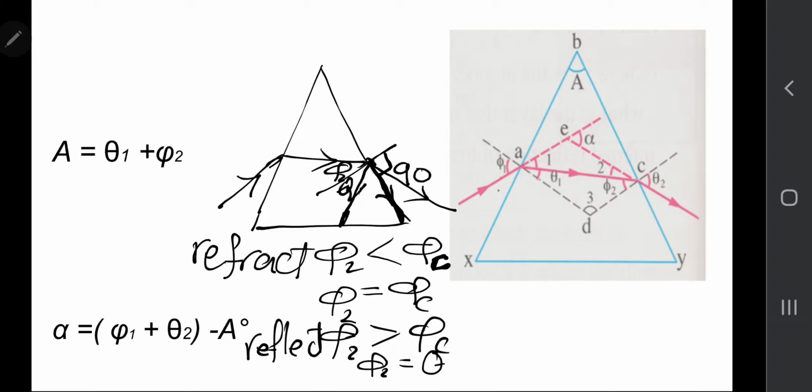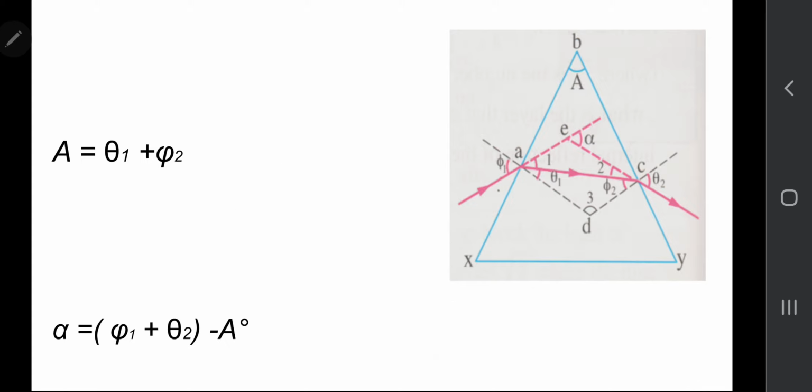So we have three cases for the second angle of incidence: total reflection, emerge, or tangent to the side.